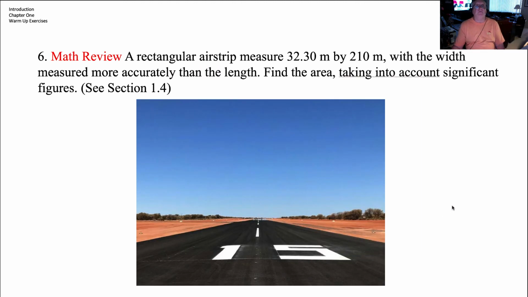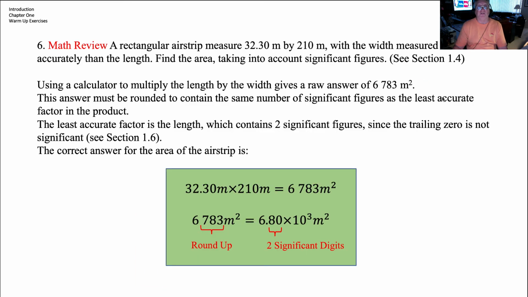Number 6, we're looking at a rectangular airstrip that measures 32.3 meters in width by 210 meters in length, with the width now measured more accurately than the length. And all this is telling you is that when the person made the measurement, the width was calculated more closely. So they ask us to find the area, length times width, taking into account the significant figures.